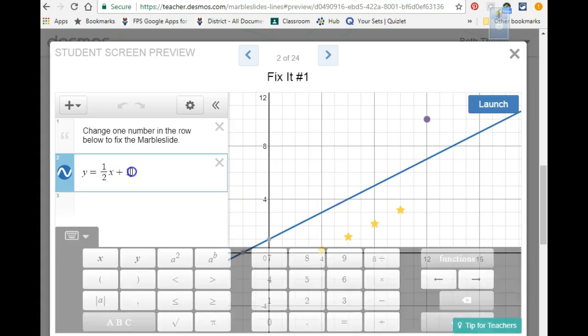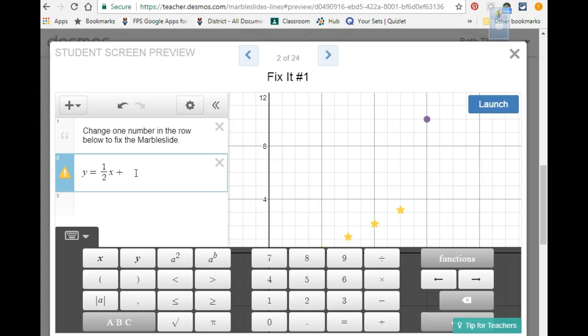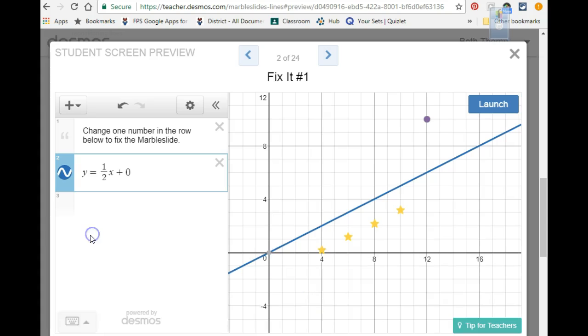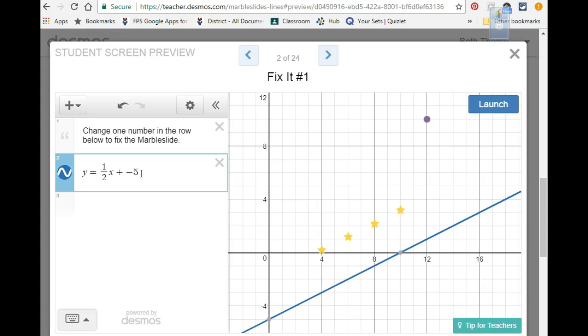So if I change my y-intercept and I say, oh, you know what, I want to put 0. 0 doesn't work, right? So 0 doesn't work. So I want to put in -5. If I put -5, I can see it doesn't work. So you're going to be able to do this on your own. I'm not going to give you the answer for it.